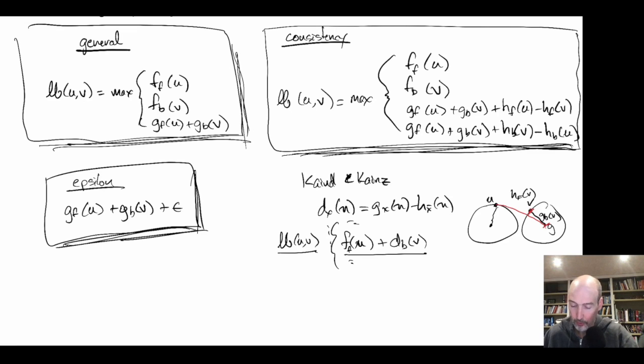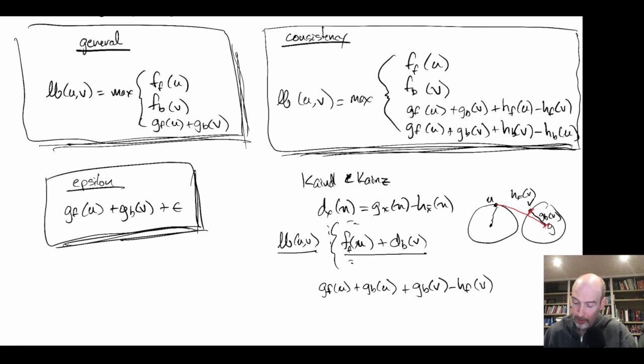Let's write this out. f forward of u is equal to g forward of u plus g backwards of u, and d of b, in the backwards direction, is g backwards of v minus h forward of v.